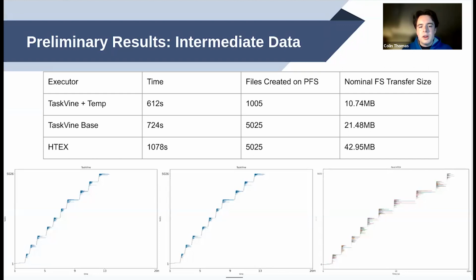However, the TaskVine executor, with some degree of probability, will schedule a transfer to happen in the cluster for the next task to run, rather than tell the worker to get the file back out of the shared file system. So effectively less data will be transferred out of the shared file system using the TaskVine base executor. But these are just the statistics on these 3 runs here.